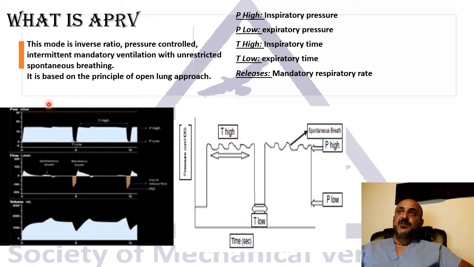It allows unrestricted spontaneous breathing on top of the mandatory breaths, as you can see in this old figure we published in 2007.